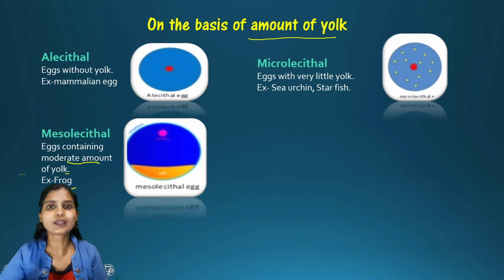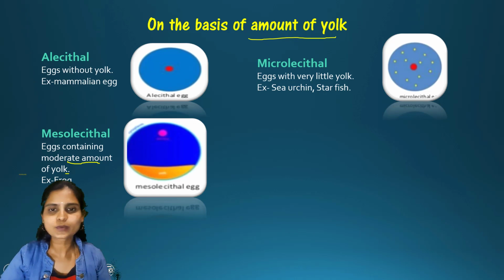Why is a larva coming out? Why is a miniature of the young one not coming out? You have studied that frog will produce a larva called tadpole. Why? Because inside the egg the yolk is very less, so the availability of food is very less. So little bit of development will take place and the tadpole larva will be released. Further, by consuming food from the outside, the larva will develop.